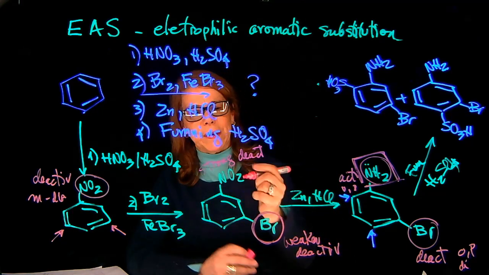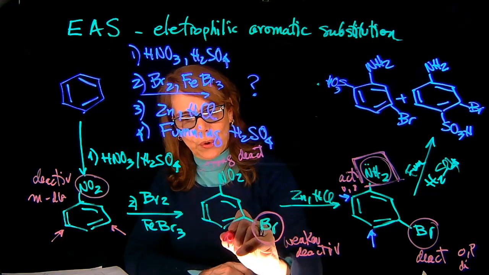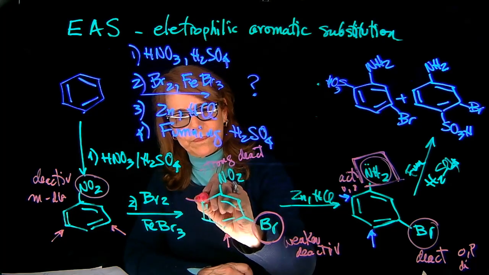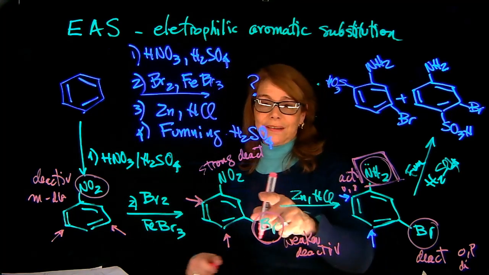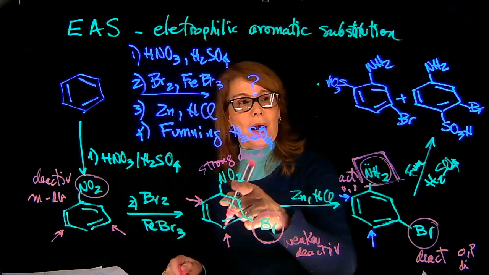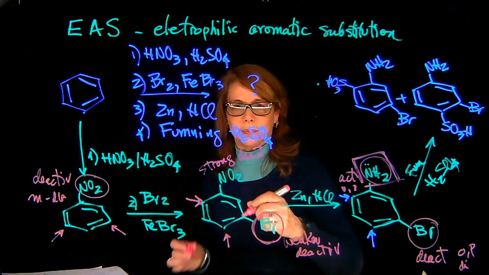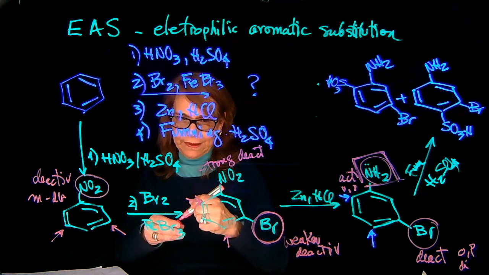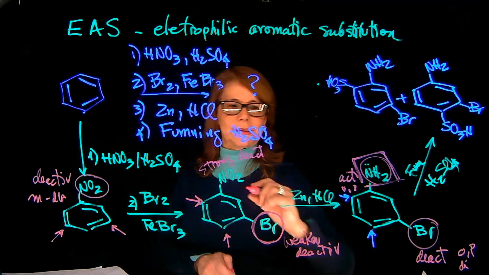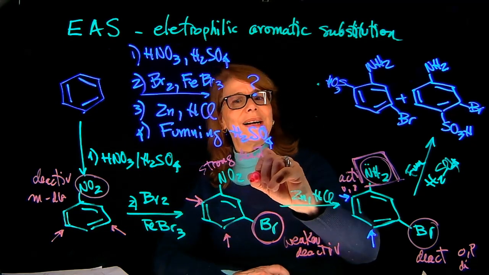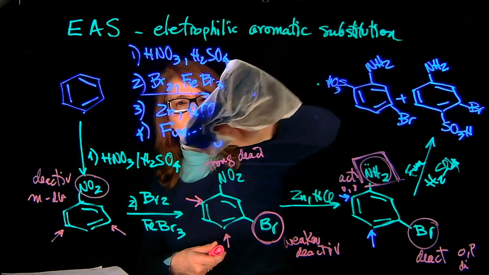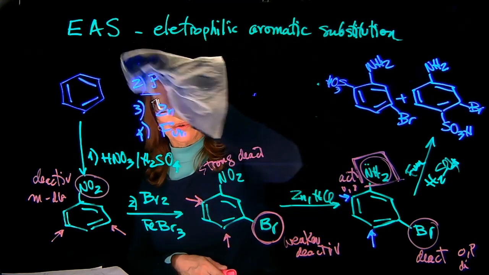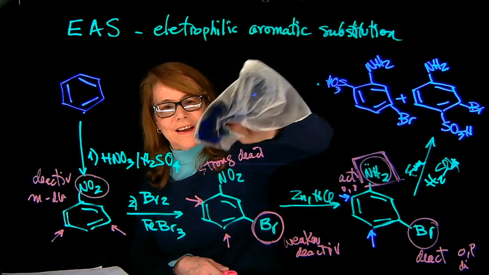So between these two, bromine is going to determine where the substitution is going to happen, and it's going to be ortho or para to the bromine, this para. So you're looking at the same positions, but you're going to be having a nitro group. So at this stage, I don't have much room, but let's erase this. We're erasing the whole list of reactions.